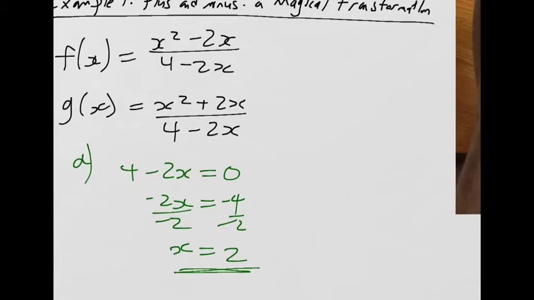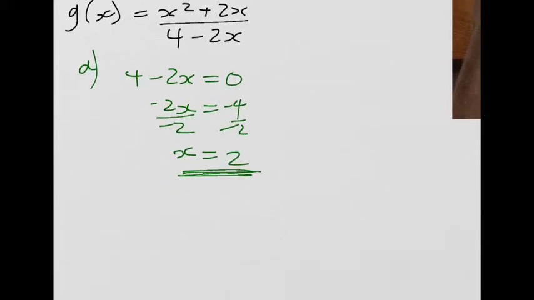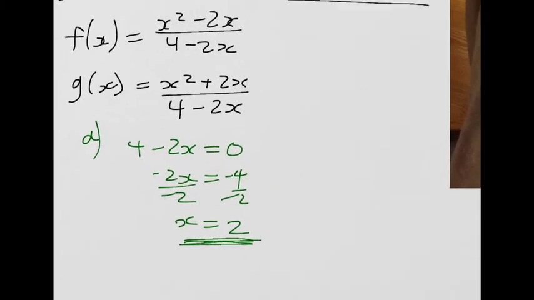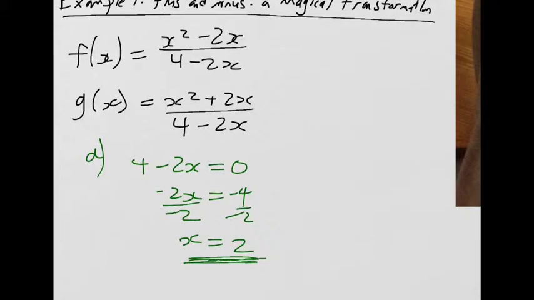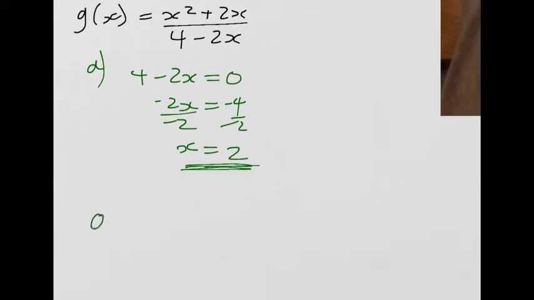Okay, x-intercepts. This is for both f of x and g of x. How do you find those? You just put 0 in for y. So let's take f of x, make it equal to 0, and now we're going to solve for x.